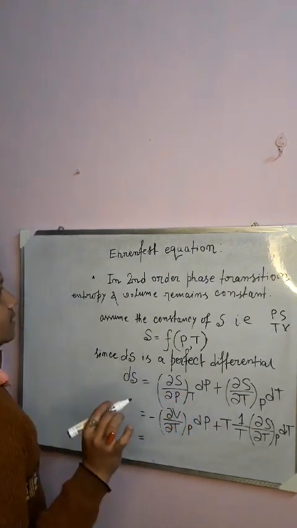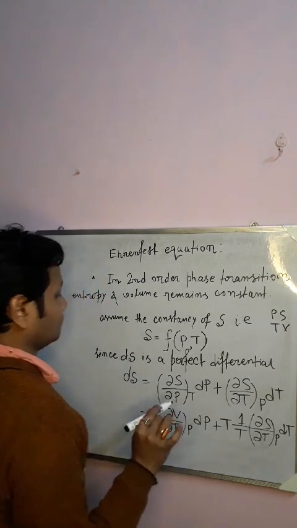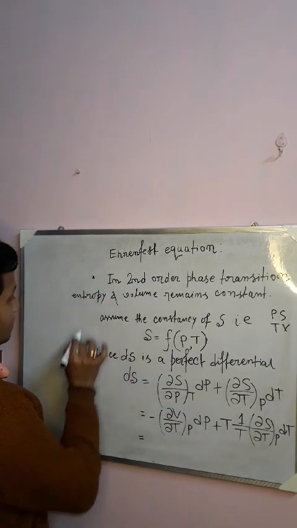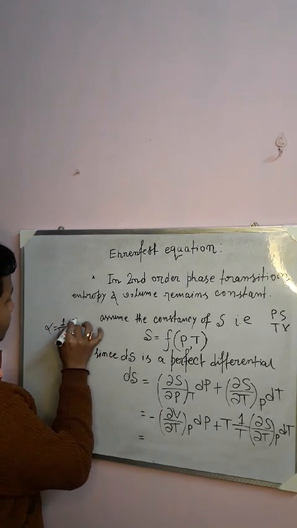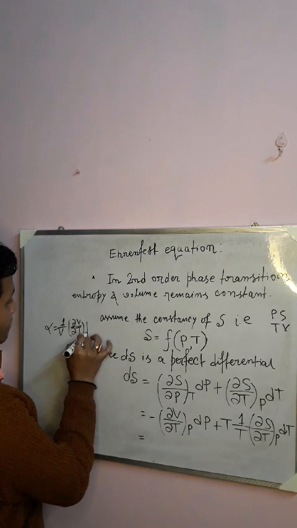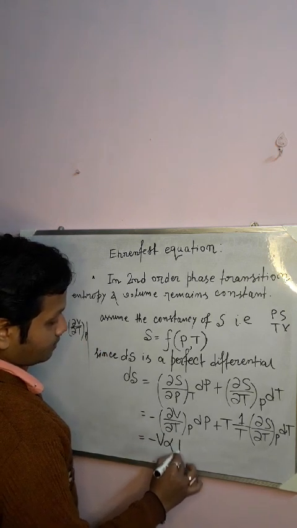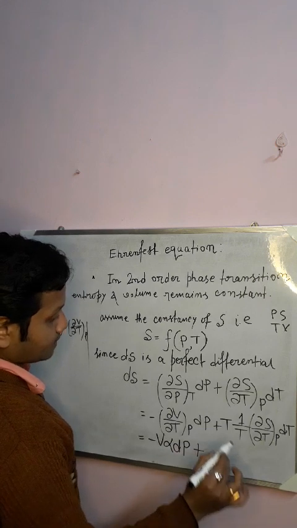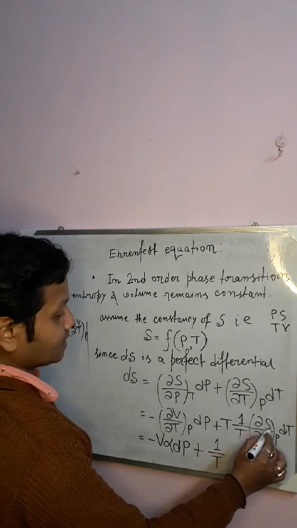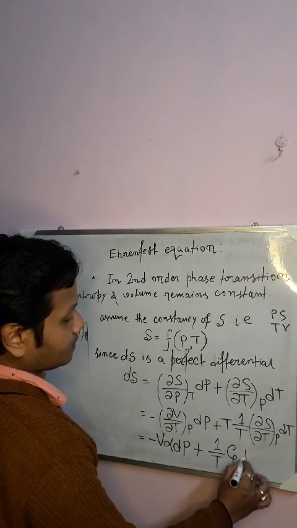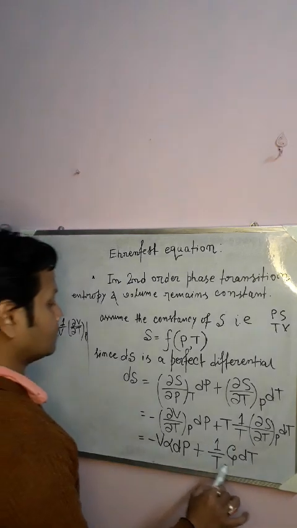Now we know the volume expansivity alpha equals 1 upon V del V del T at constant pressure. So from this we can write this term as minus V alpha dP plus T del S del T, that is Cp.